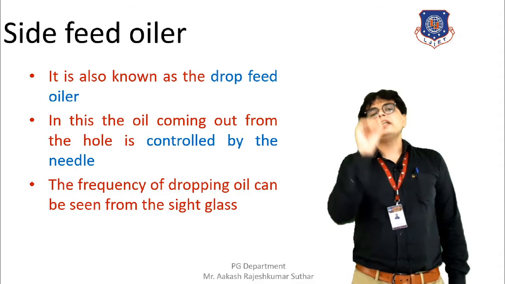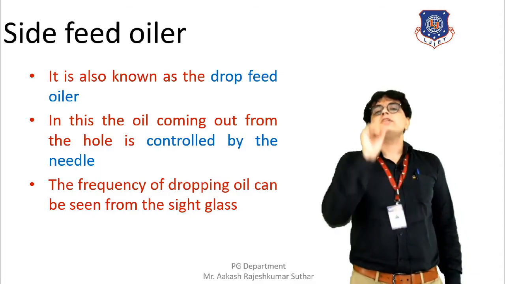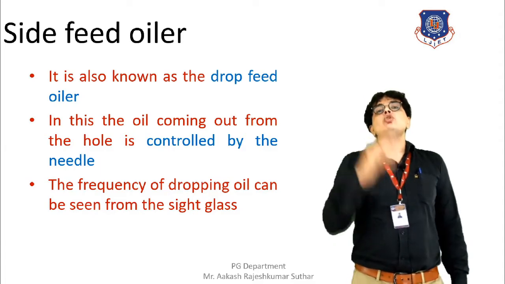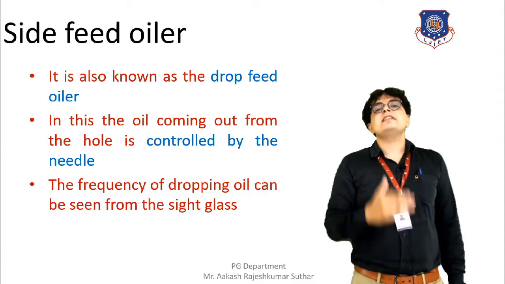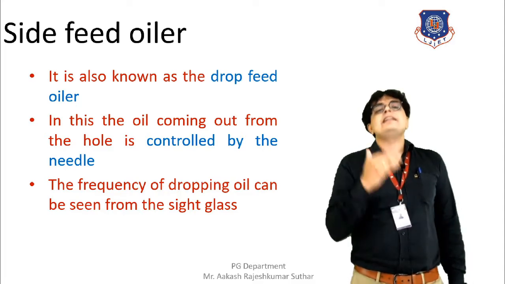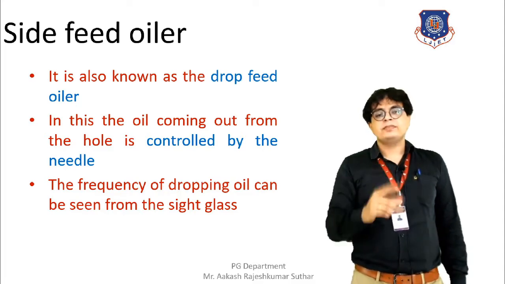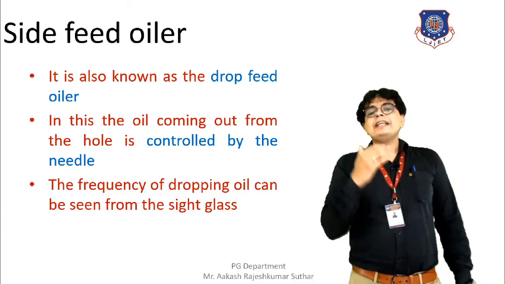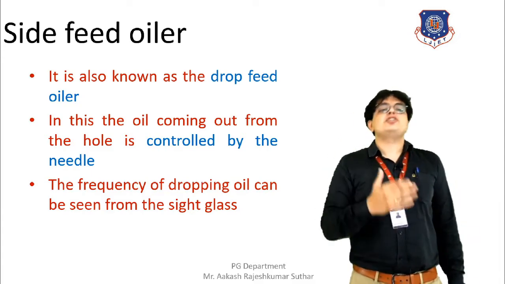We are supplying the required amount of oil to the required destination, and the main component that controls the flowing of the lubrication oil is the needle. The needle controls the movement of the oil from the reservoir to the desired destination.